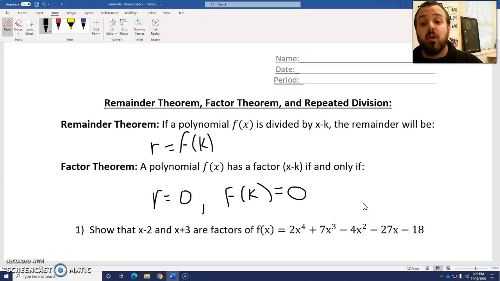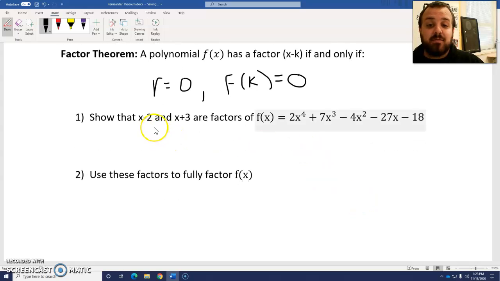So for example, if I had x minus 2 and x plus 3, and I told you, hey, these are factors of this polynomial over here, you can plug in 2 and negative 3 into this function to see if they are actually factors. So I could plug in 2 into the function, and I could plug in negative 3, and we could check to see if we actually get 0 out to tell us that they are in fact factors.